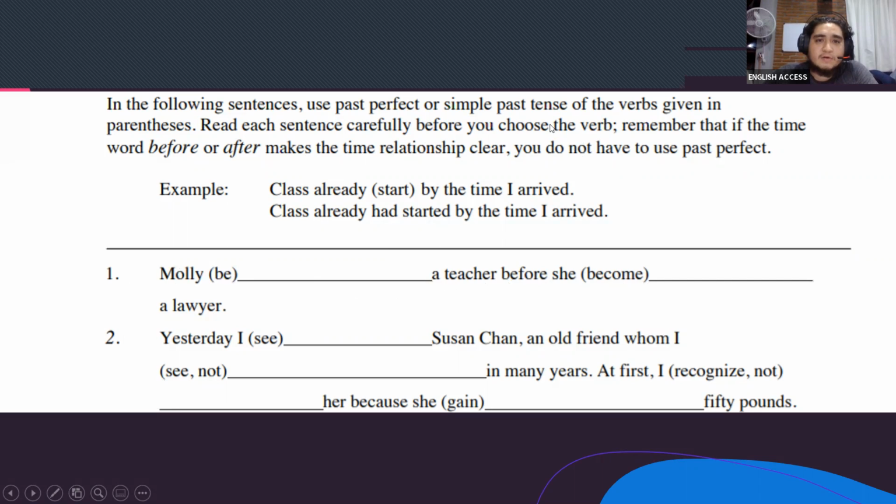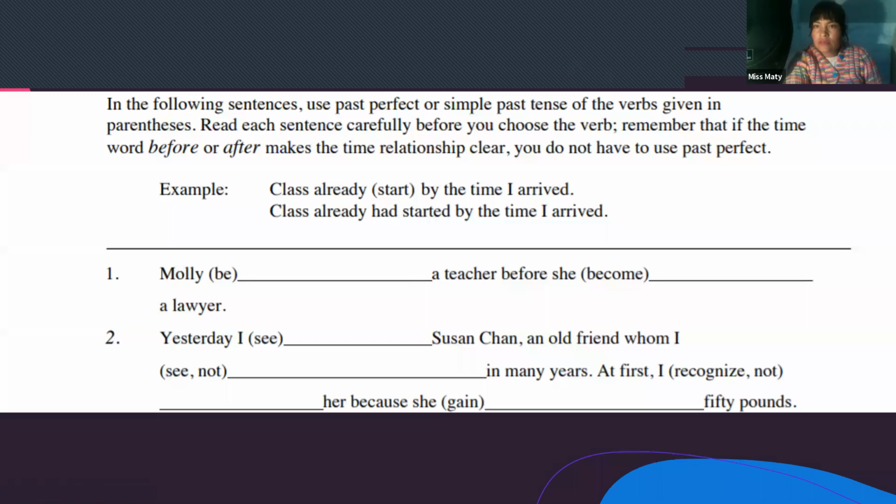The simple past or the past perfect? I think simple past.